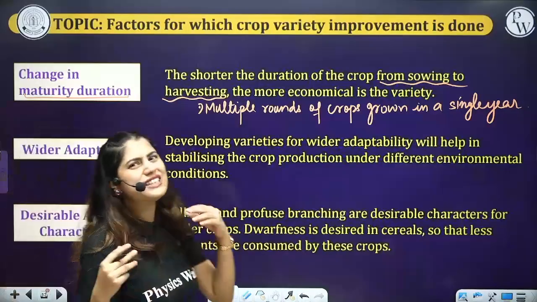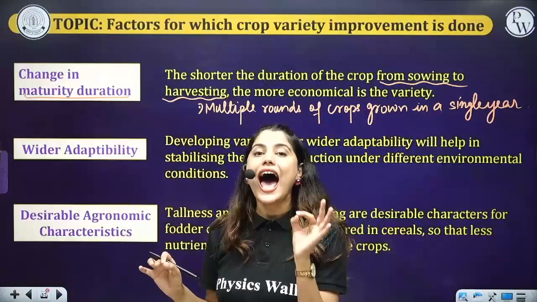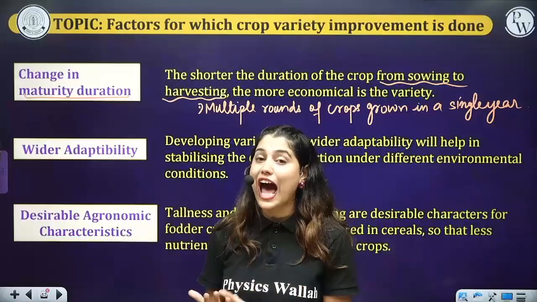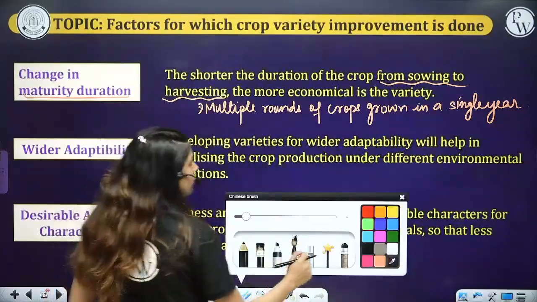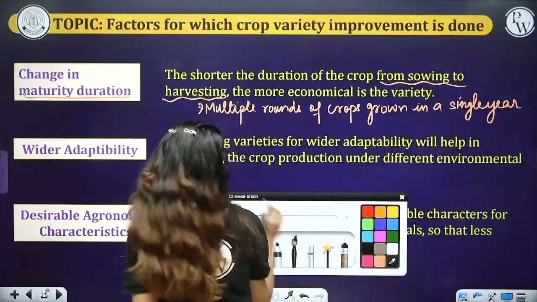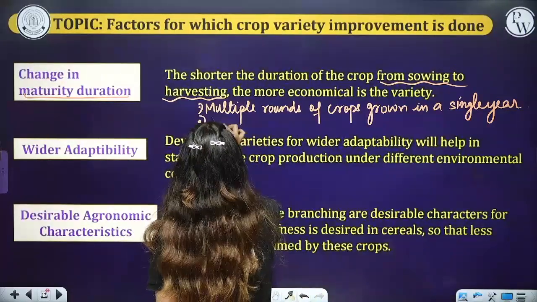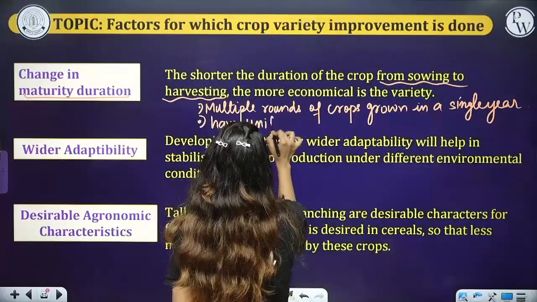So basically it saves the time and the labor if all of them are maturing at a particular time. That is, the crop should have a uniform maturity. I can say they have uniform maturity.